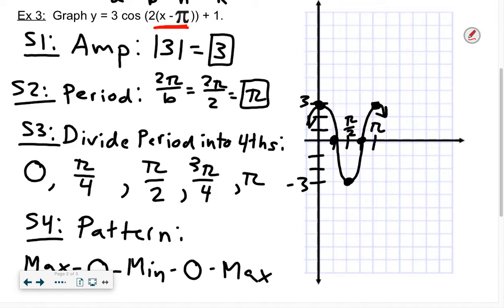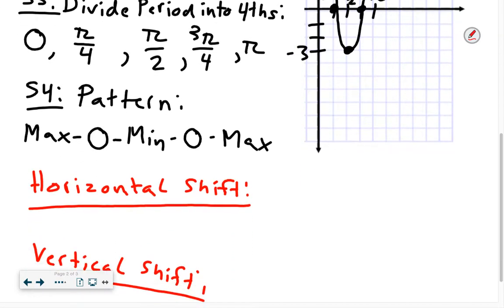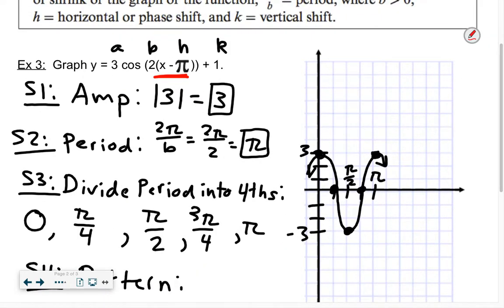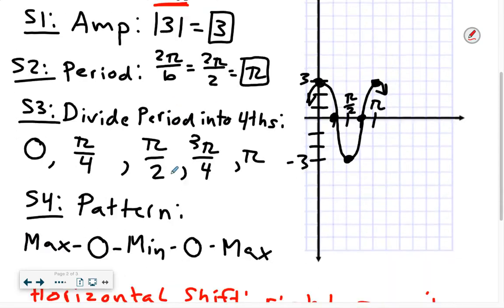Well, it's whatever's on the inside of the parentheses, right? So we're looking at that pi. Now we ask the question, do we go pi units to the right or pi units to the left? We need to go pi units to the right. Again, it's always the opposite. It was minus pi, so therefore we go to the right.